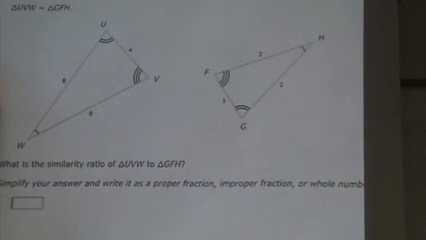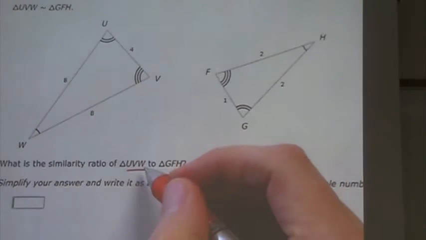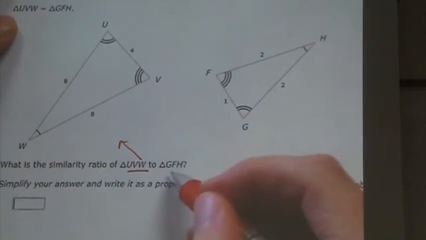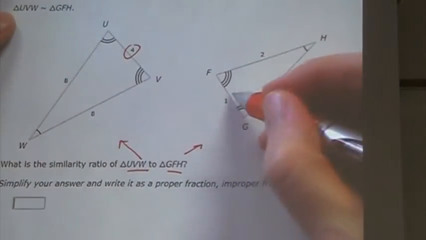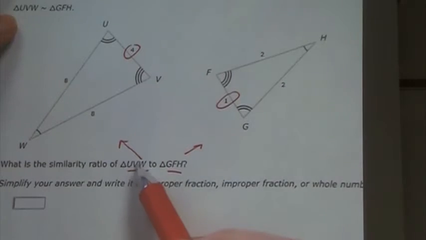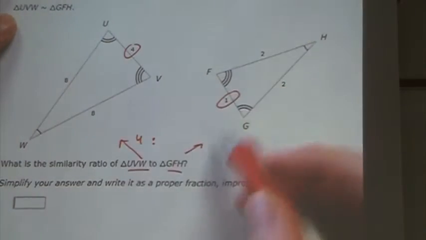Second one, these guys are similar, and it wants UVW, which is this triangle, and GFH, which is that triangle. I'm going to match the sides that are in corresponding spots. And I'm going to go 4, 2, 1.